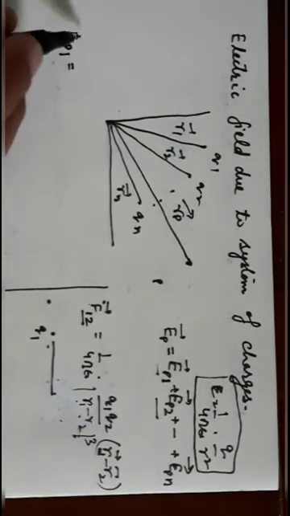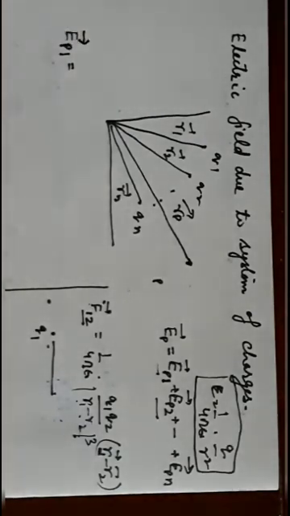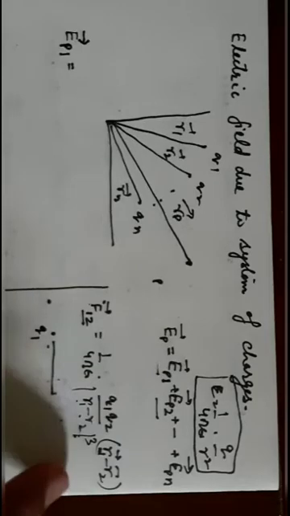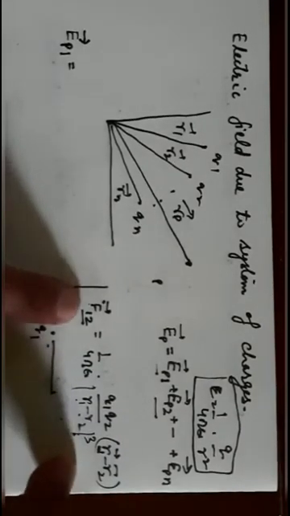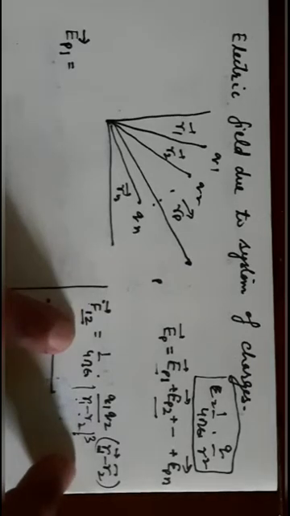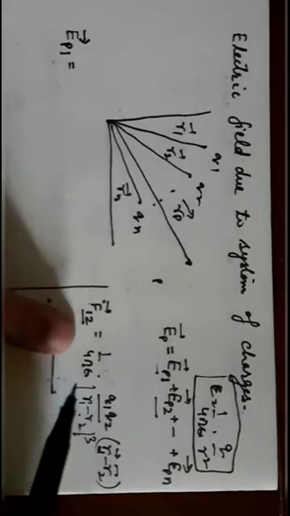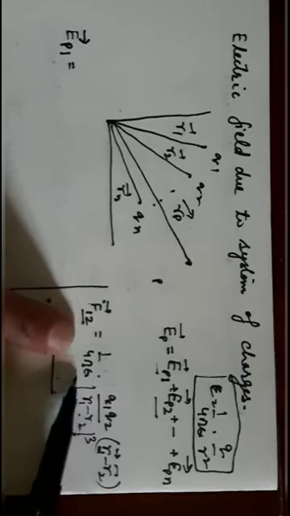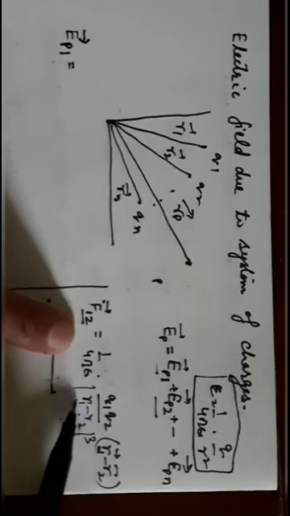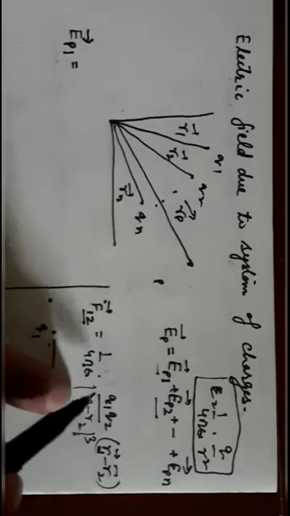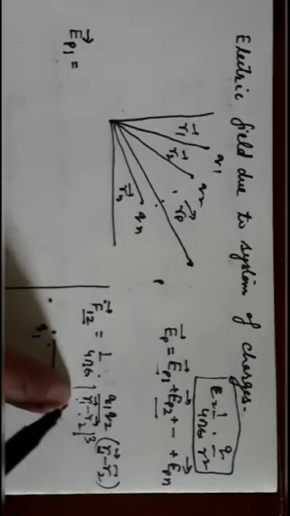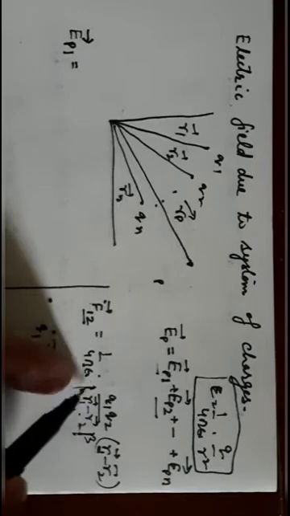Now, if we want to write it in vector form, let us relate the previous result with the new one. We know that the force on one due to the second particle in position vector form is 1 upon 4 pi epsilon naught q1 q2 over mod r1 minus r2 cube, times the vector r1 minus r2. Mod cube means magnitude cube.